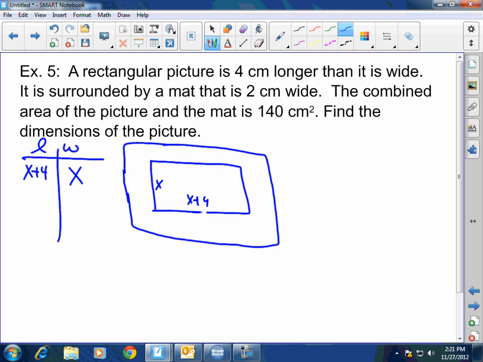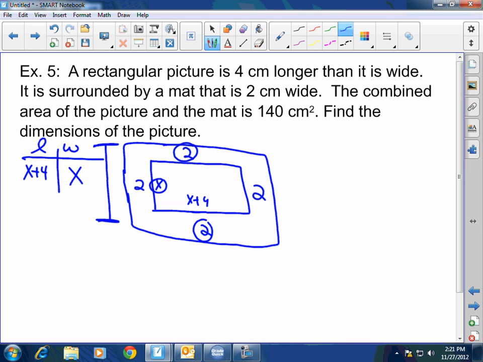Now, I have this border. This border is 2 centimeters all the way around, right? Because that's what it tells me, 2 wide. And the area is 140. So, think about it. From top to bottom, what is the exact dimension here? It's not 2x. It's 2 plus x plus 2.